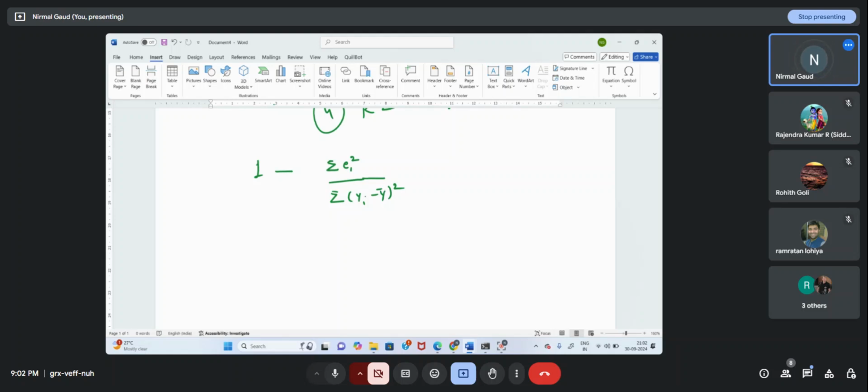If this quantity is more, if this denominator is more, what does it mean? It's a variance, no? It's a variance.